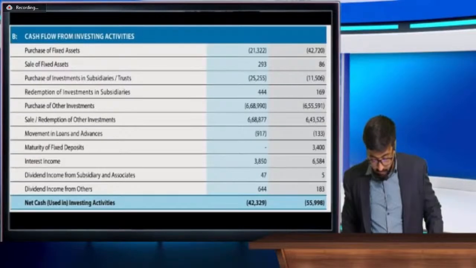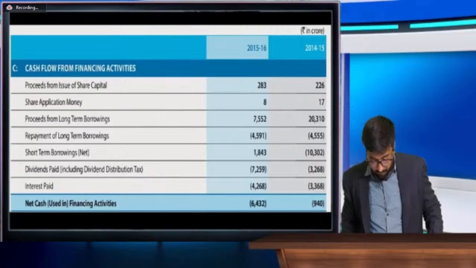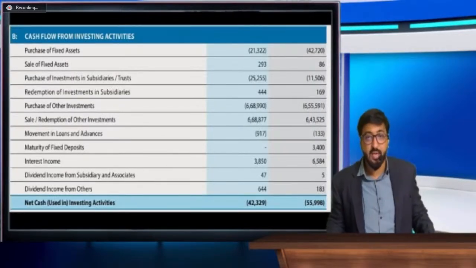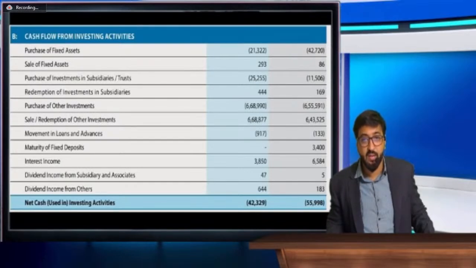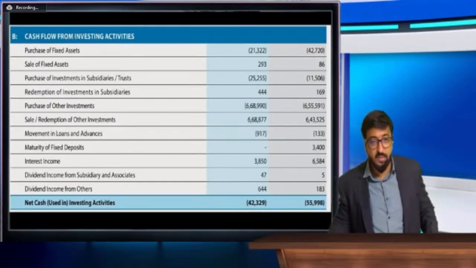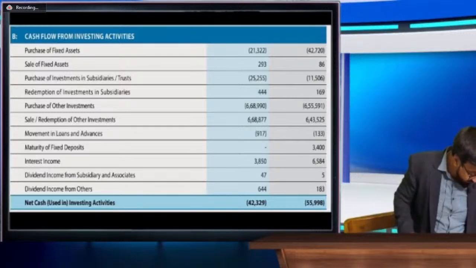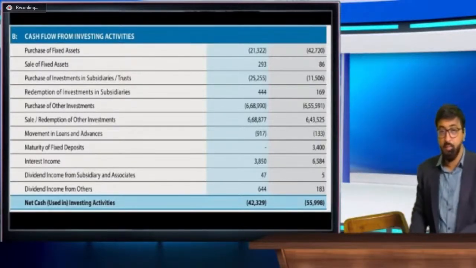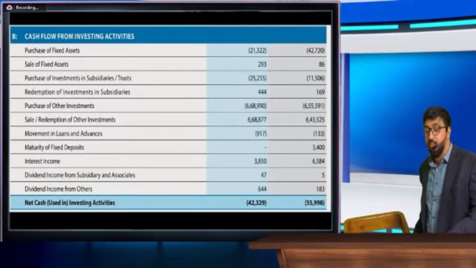Proceeds, same format we have in financing activity. You can check here investing activity. Sale of fixed asset, purchase of investment, maturity of fixed deposit, interest income that we are adding, and after interest income, dividend income that we are going to see.